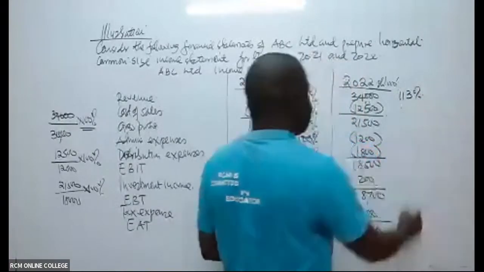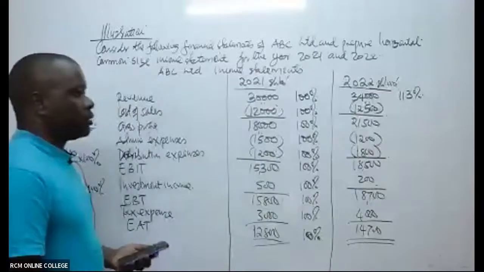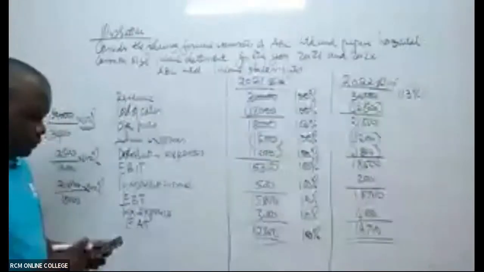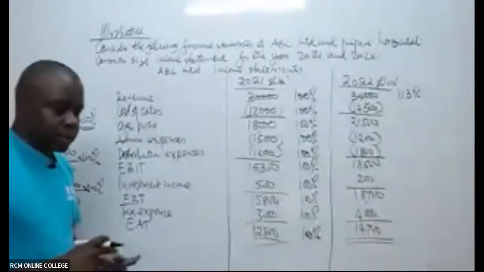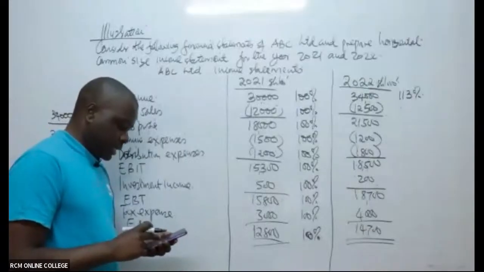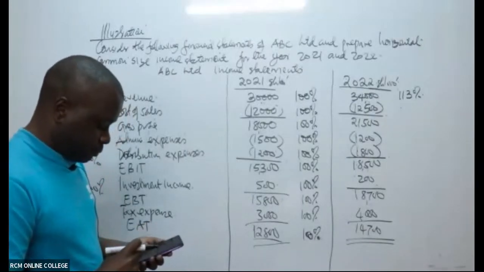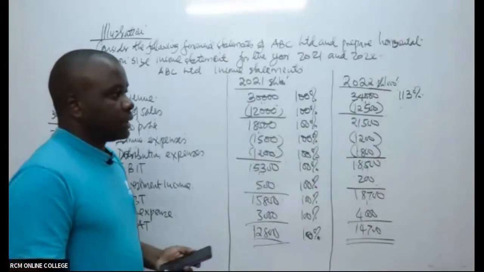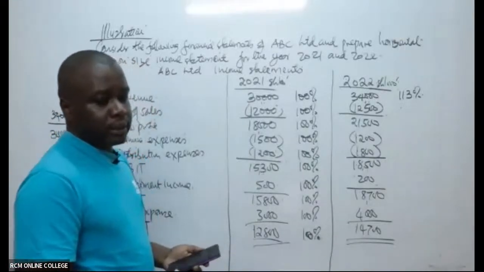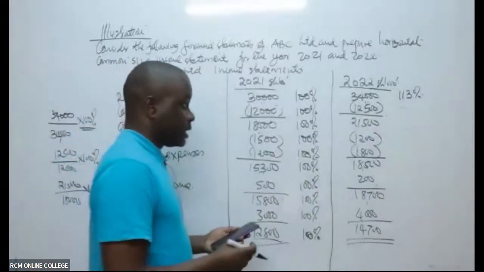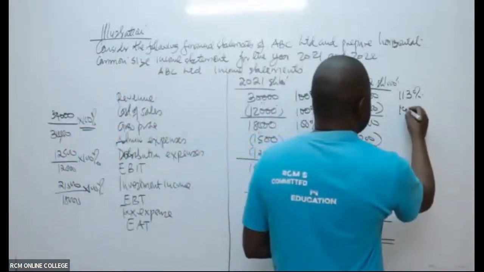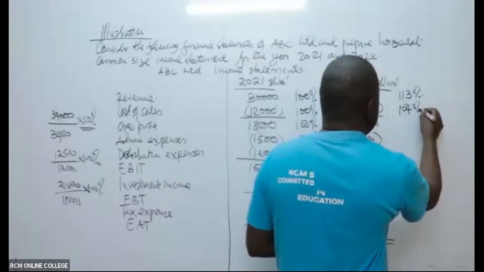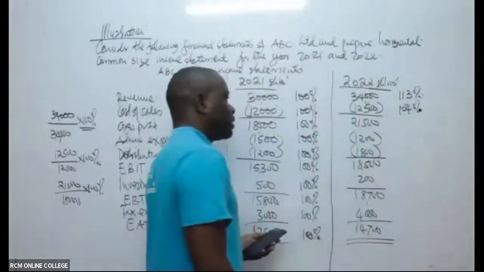What about this other one of cost of sales? That is 113%. I can see you're saying 104%. So let's hope it's correct. 104%.